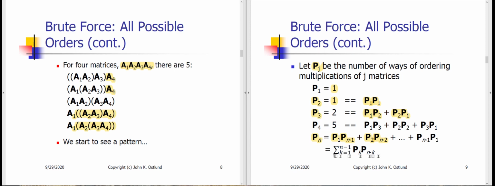All right, so in other words, we have this sum for k going from 1 up to n minus 1 of P sub k times P sub n minus k.